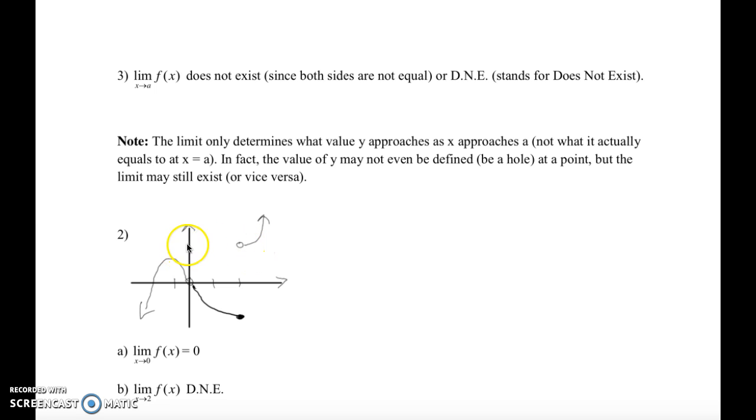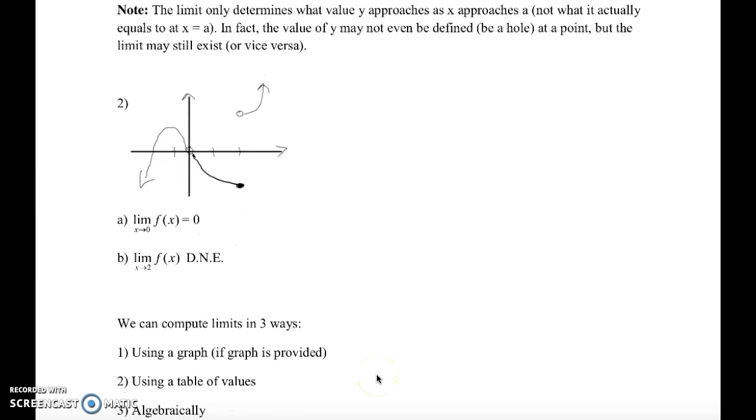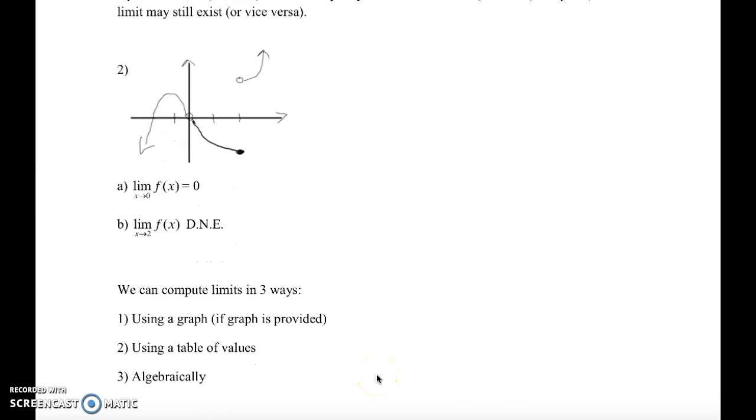It's a positive value that's not actually listed here. So this limit does not exist. It's just because of the jump and the difference in the y values, not the fact that that x value does not exist.